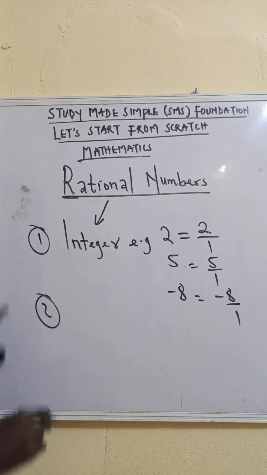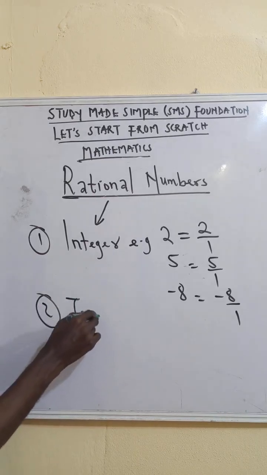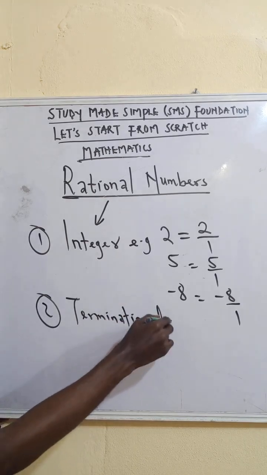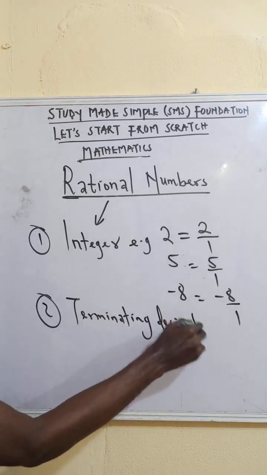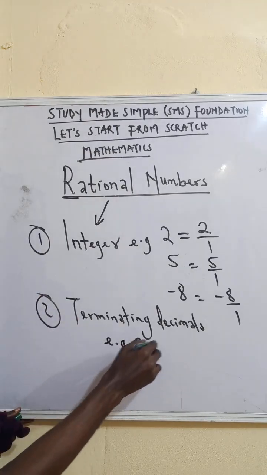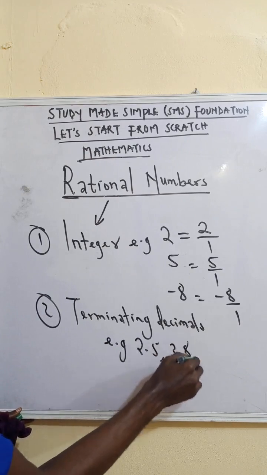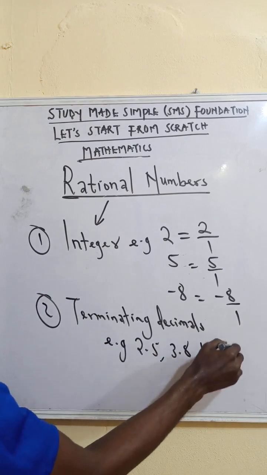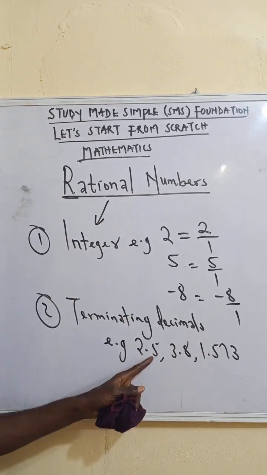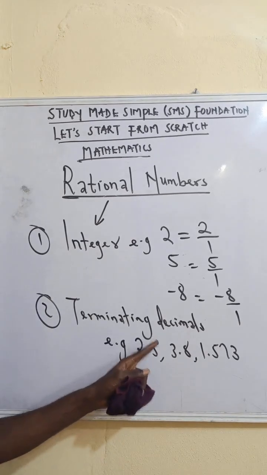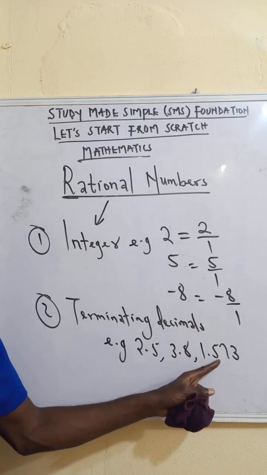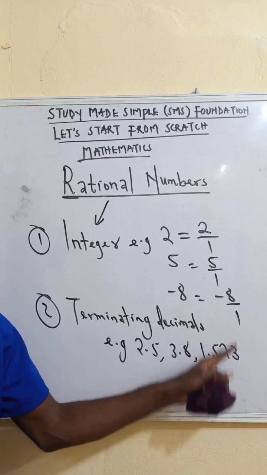Case 2 of rational number, we have terminating decimals. Examples of terminating decimal are 2.5, 3.8, 1.573. So far the decimal ends at a particular point. 2.5, the stopping point is 5. 3.8, the stopping point is 8. 1.573, the stopping point is 3.